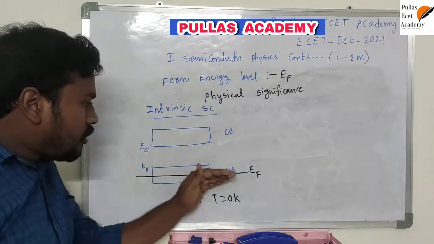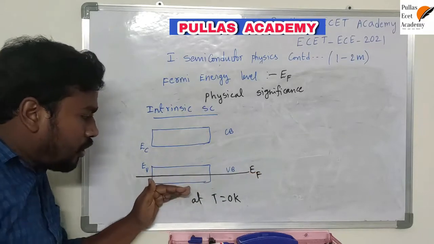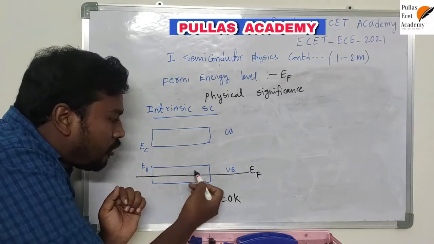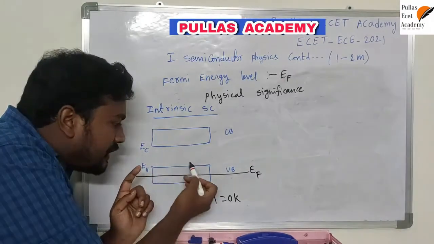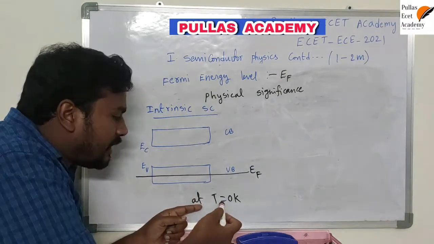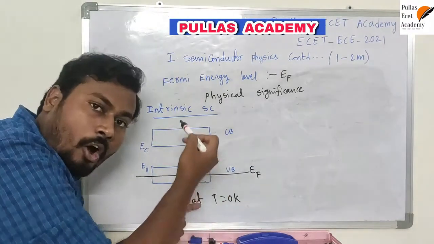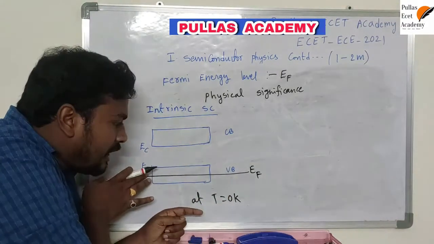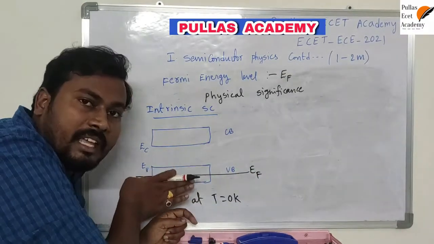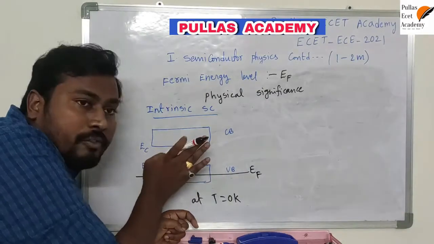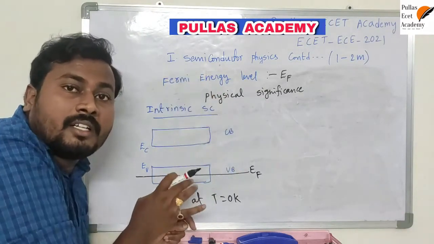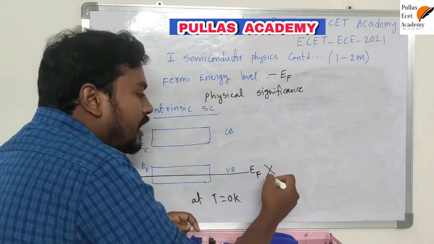Here, below which all are occupied is correct, but above which all are unoccupied is incorrect, because these energy states are also occupied. At T equal to 0 Kelvin, the complete valence band is occupied, so this location is wrong.